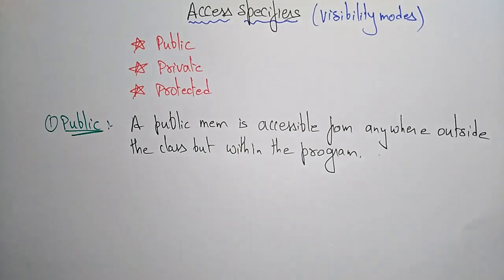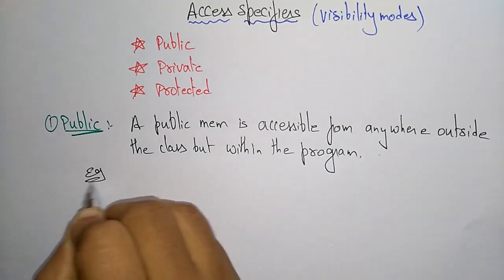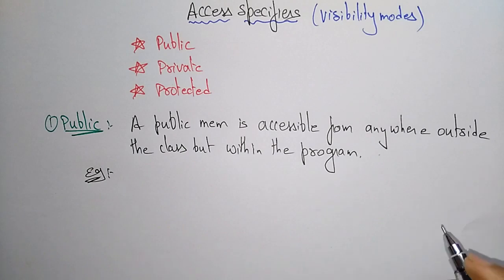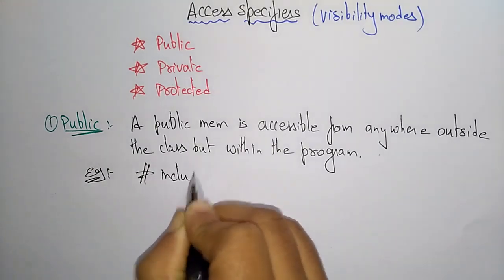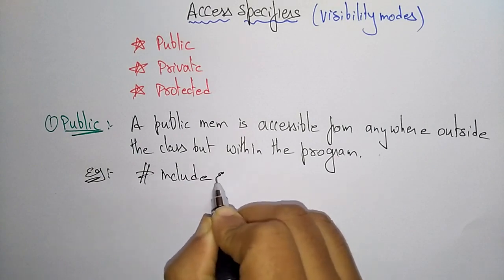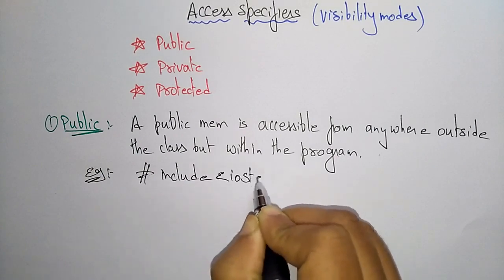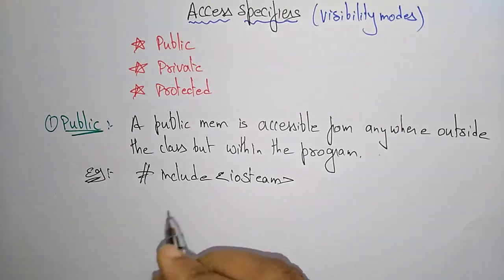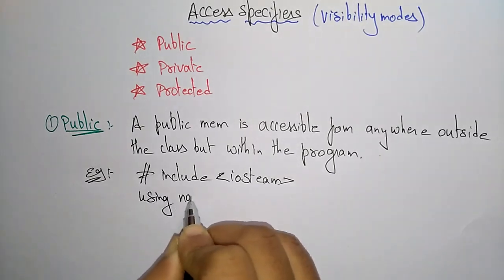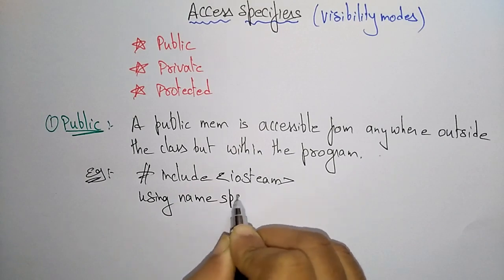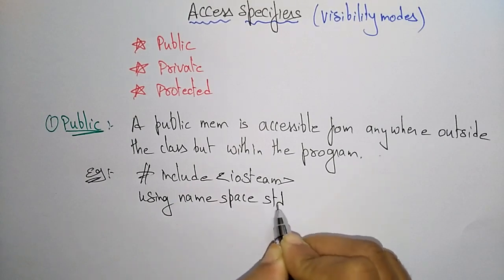Let us see one example of how a public member function is accessible. Suppose this is #include <iostream> for accessing all the input output functions, using namespace std.